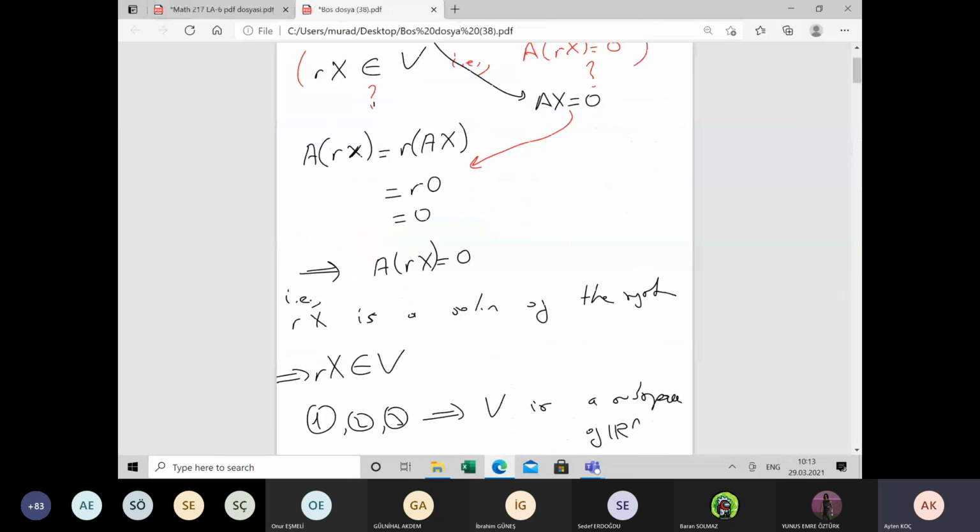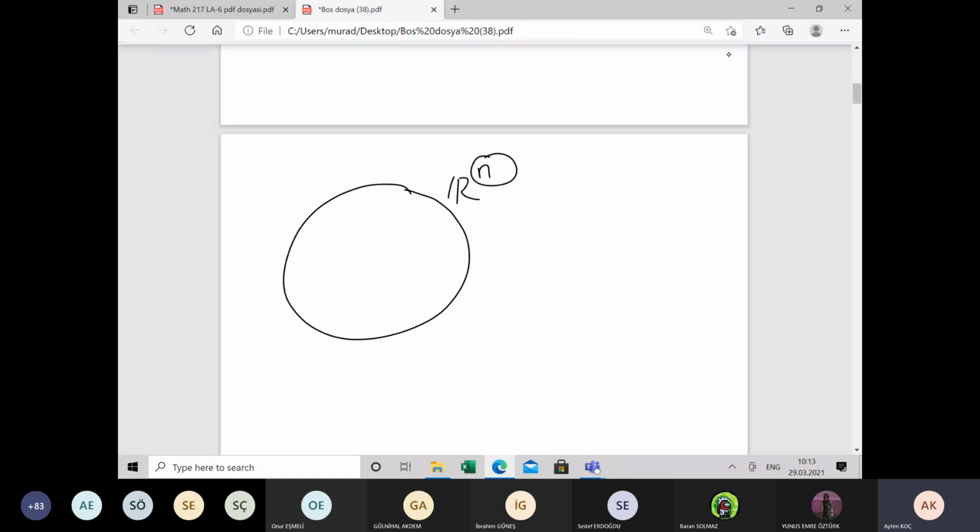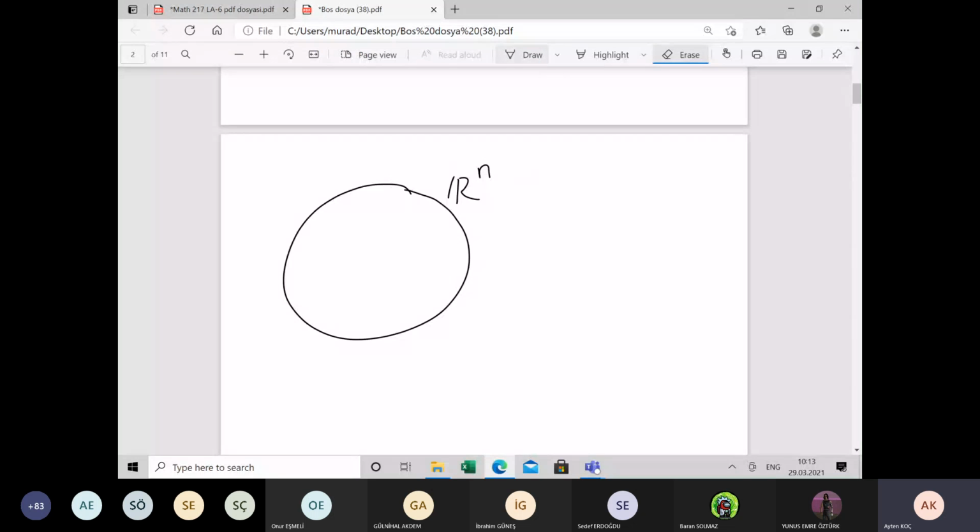Take Rn. Rn contains vectors, every vector has n components, and the entries are real numbers.